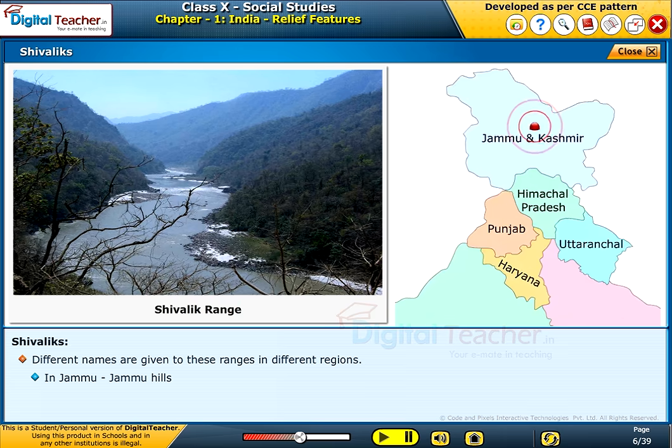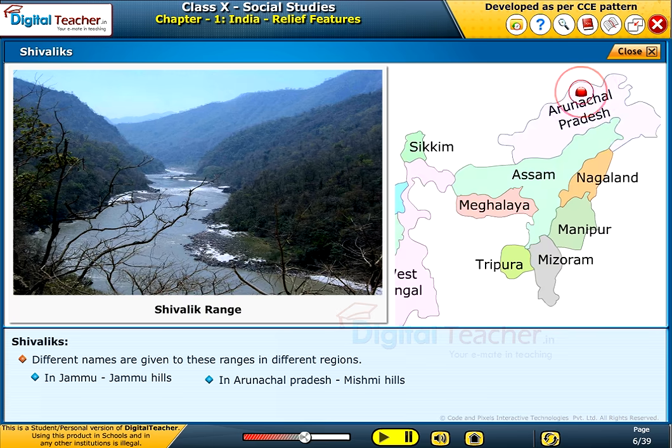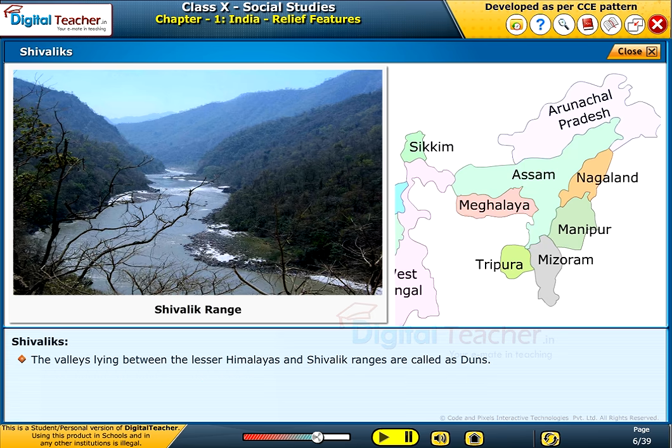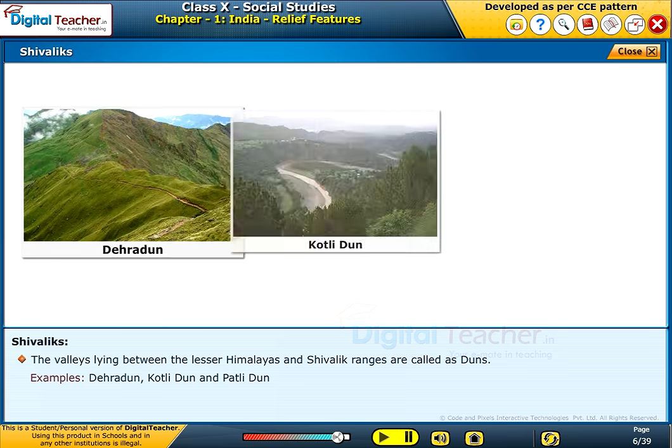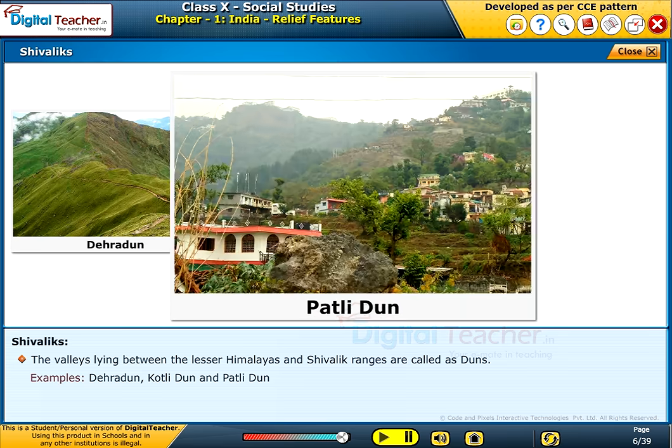In Jammu, Jammu Hills; in Arunachal Pradesh, Mishmi Hills; in Assam, Sachar. The valleys lying between the Lesser Himalayas and Shivalik Ranges are called as duns. Examples: Dehradun, Kotli Dun and Patli Dun.